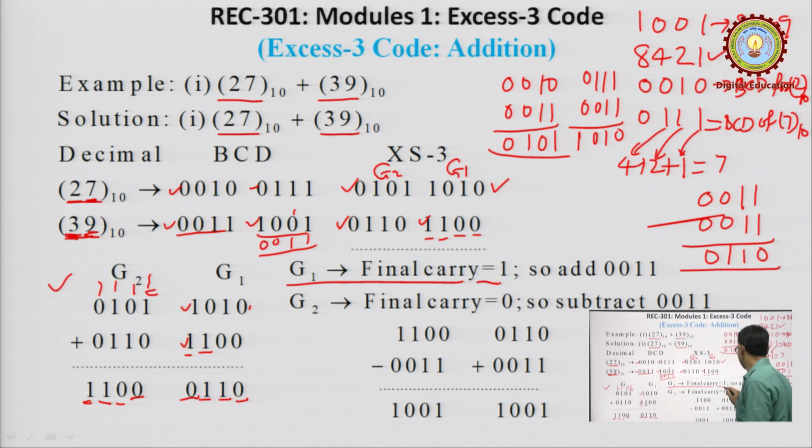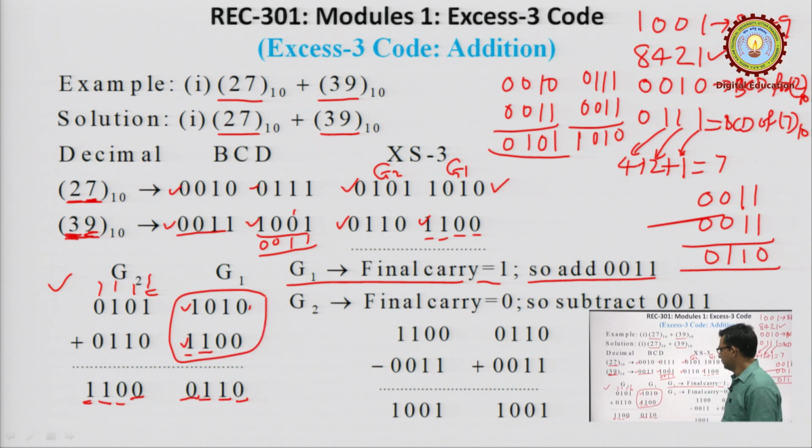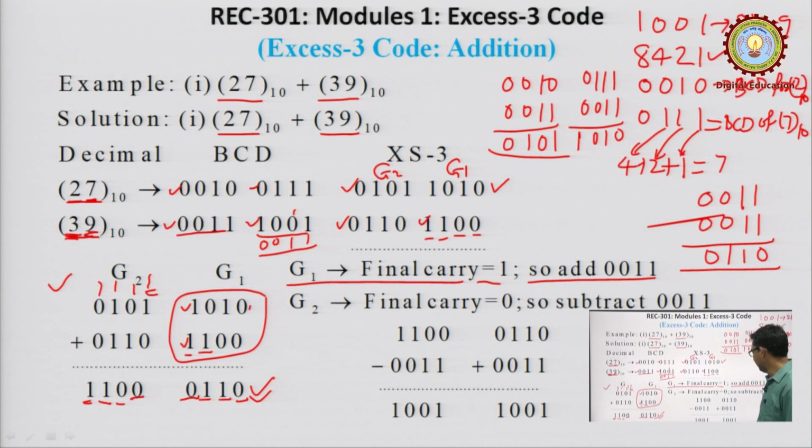Since a carry was produced, add 0011, the binary equivalent of 3, to the sum we achieved from adding these 2 numbers. So, the sum of group 1 plus 3 gives the final answer.